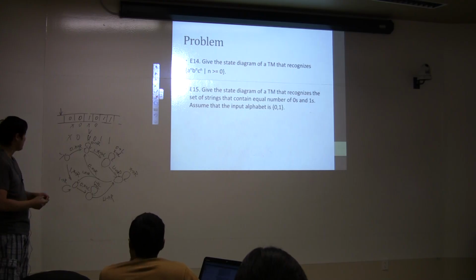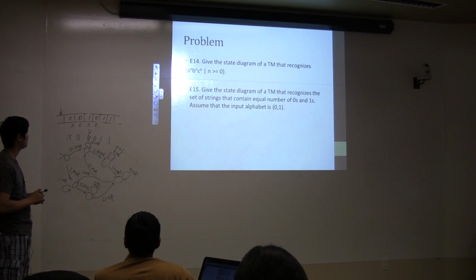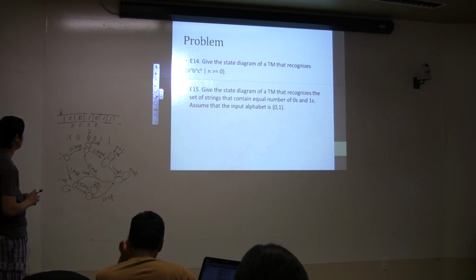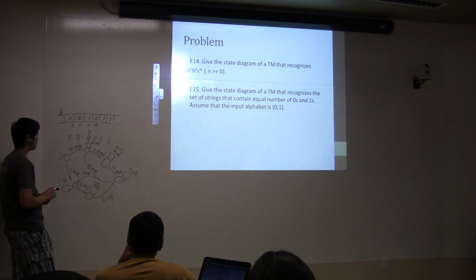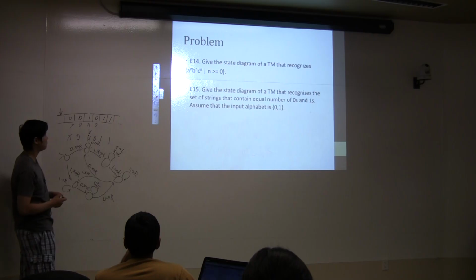Would this describe what you have in mind? Yeah, I just need a case for when it ends. Right. When does it end? I guess the case is when it ends is when it cycles through, like there's nothing but X's left because it crossed out all the 1s and 0s.